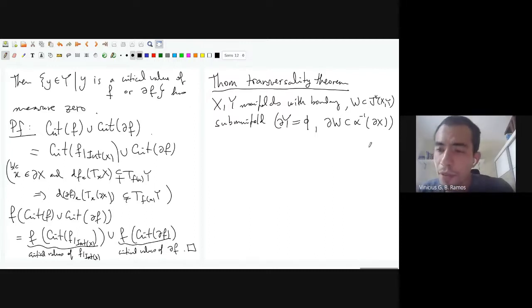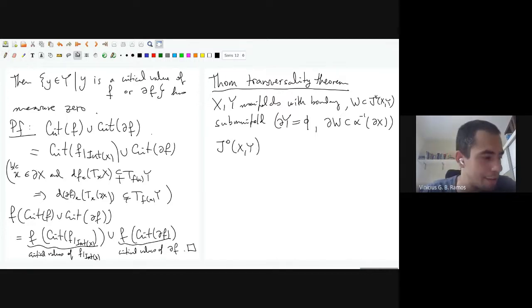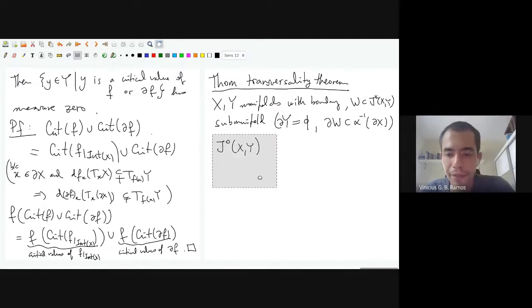This is slightly technical, but you can just think of the zero jet space. Well, let me finish the statement of the theorem, and then I'm going to explain.